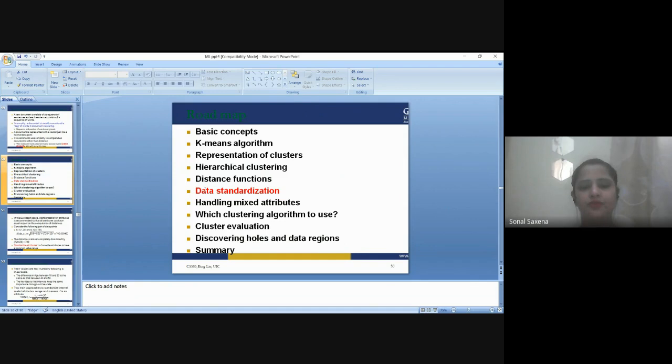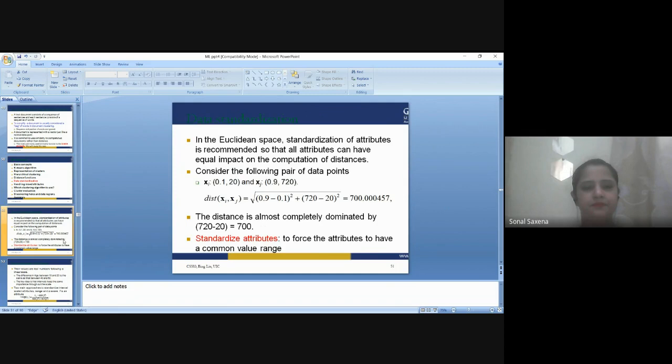Now we are going to see data standardization. In Euclidean space, standardization of the attributes is recommended so that all the attributes have an equal impact on the computation of the distances. Consider the following pair of data points: xi is (0.1, 20) and xj is (0.9, 720). To calculate the distance, we take 0.9 minus 0.1 and square it, because we are taking Euclidean distance, which is based on squared values.